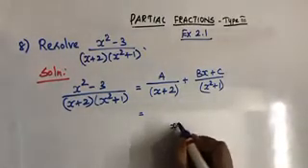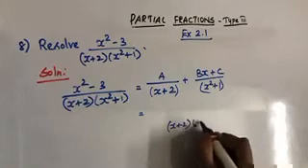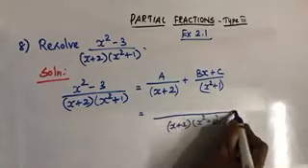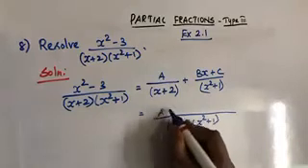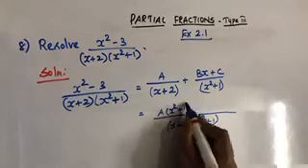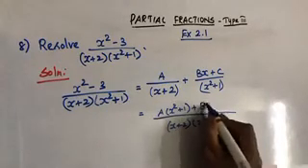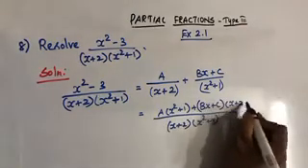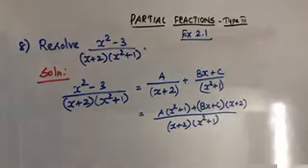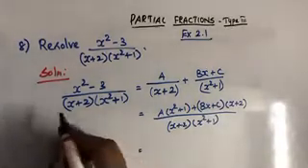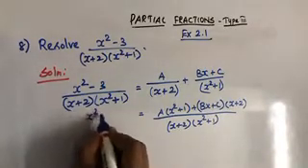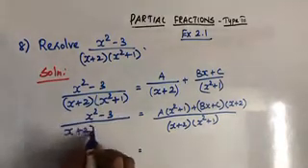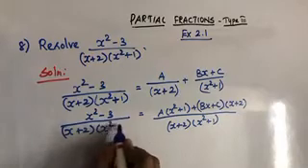Taking LCM, (x plus 2) into (x square plus 1), in the numerator you have a into (x square plus 1), plus (bx plus c) into (x plus 2), that is equal to (x square minus 3) divided by (x plus 2) into (x square plus 1).